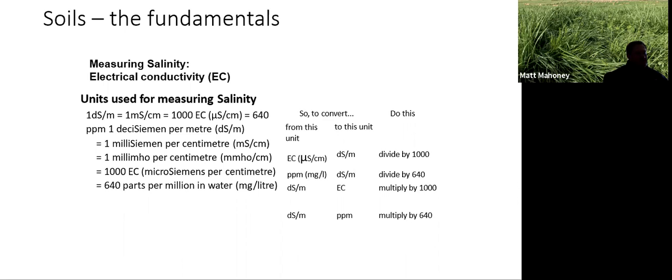Measuring salinity is called the EC, or electrical conductivity. Look, we'll leave that. If you're interested in those measurements and the decisiemens per metre and how that all works, I'll leave that slide there for you to come back and mull over at a later point.